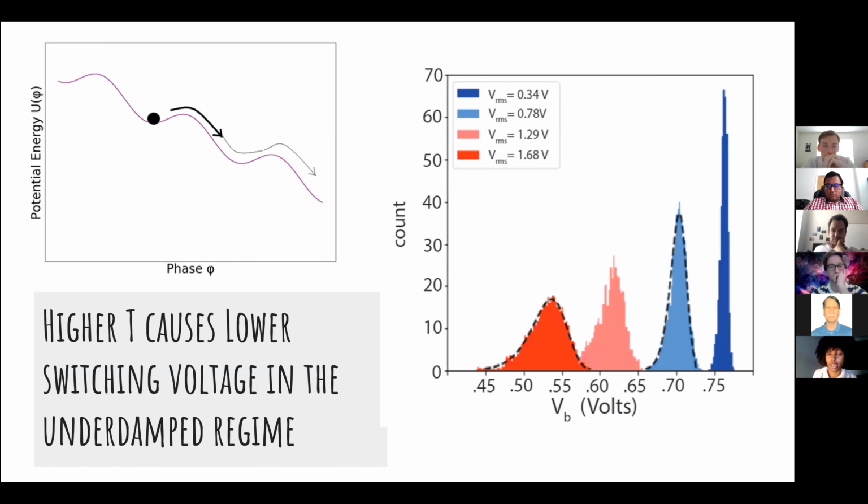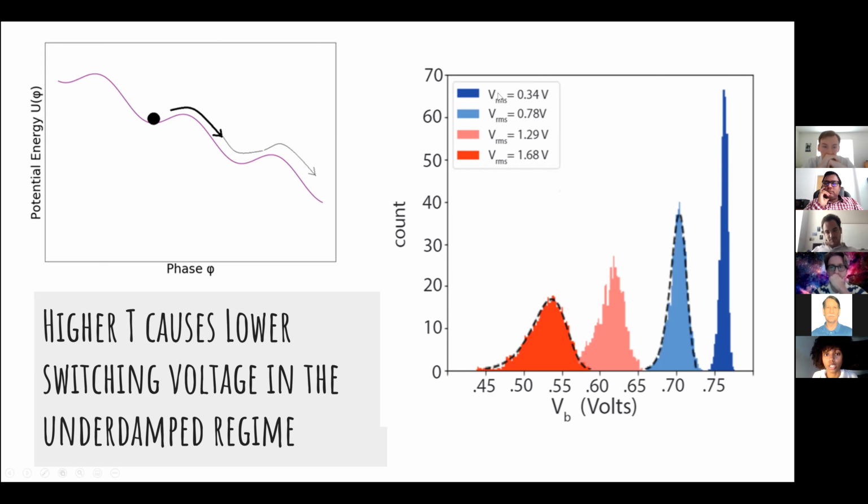The way that we did that is by taking, I think it was 1400 VI curves at each effective temperature, and then plotting when the switching occurred for that temperature. And so each histogram is 1400 pieces of data, basically.